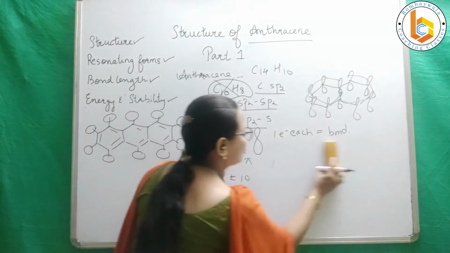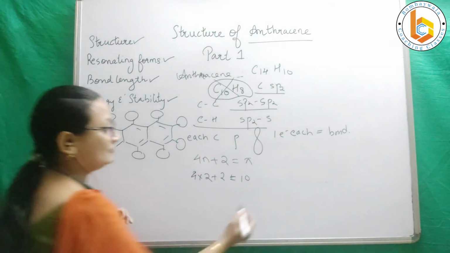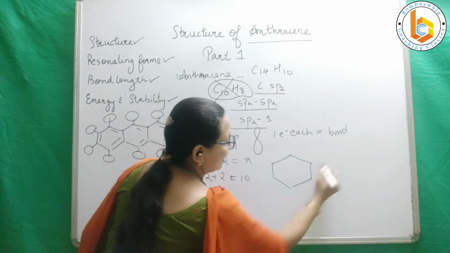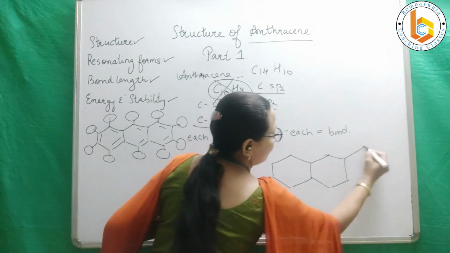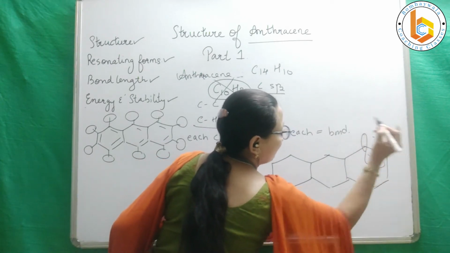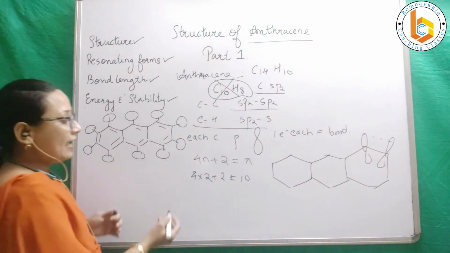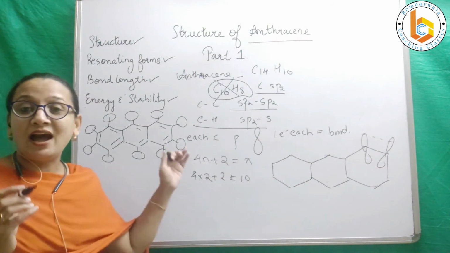Let me make the structure here so that you can visualize anthracene. See, this is my anthracene and all of them contain a p orbital which contains a pi electron and that forms a double bond. Correct? And now what remains is the Huckel rule.